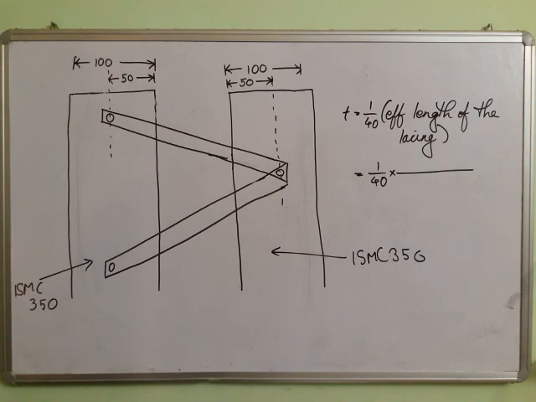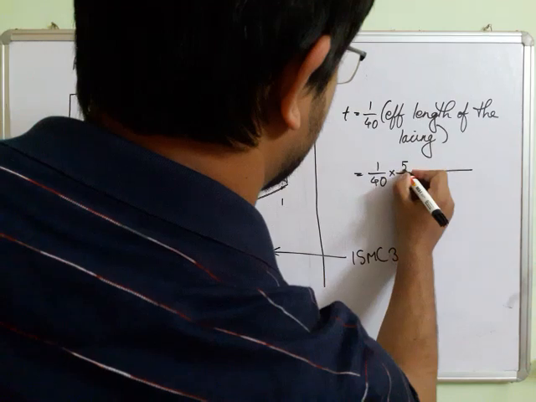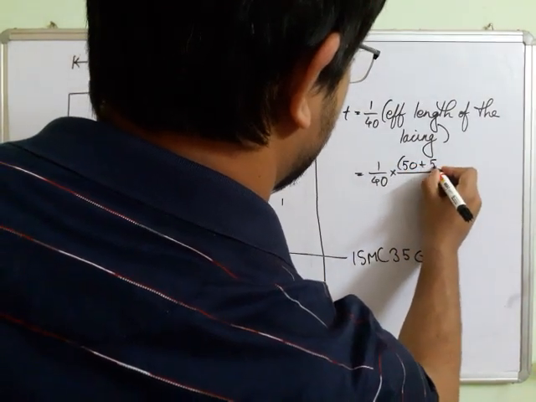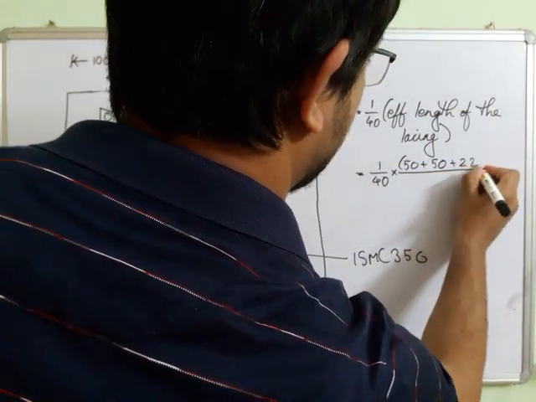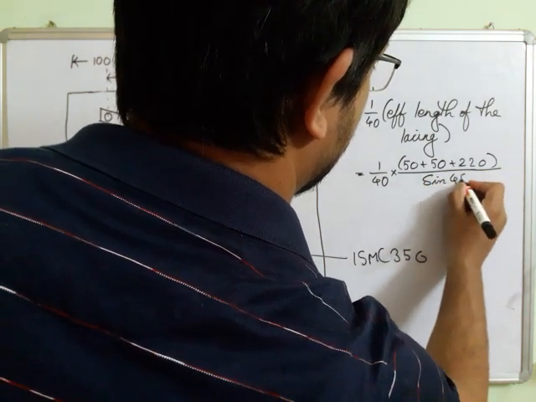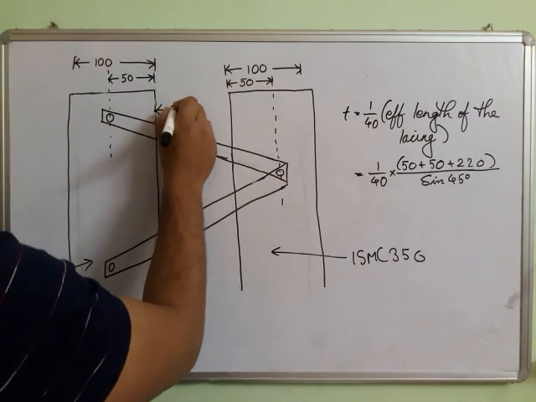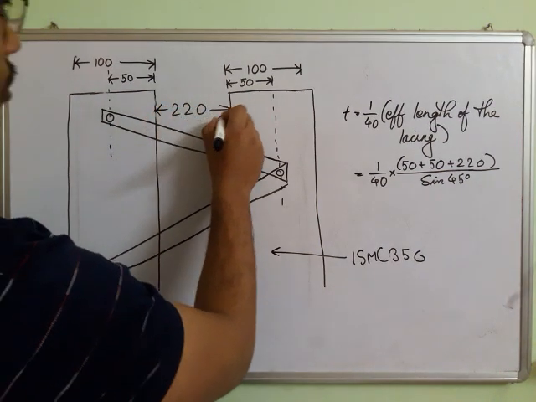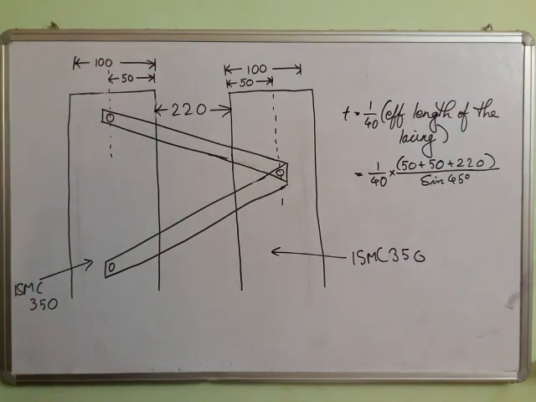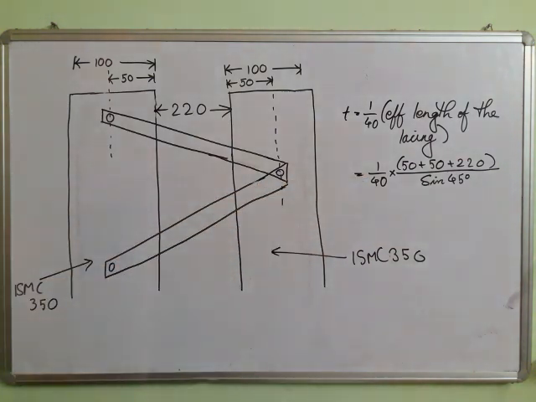Effective length will be how much? Isn't it? So for this you can see the notes in the previous steps.